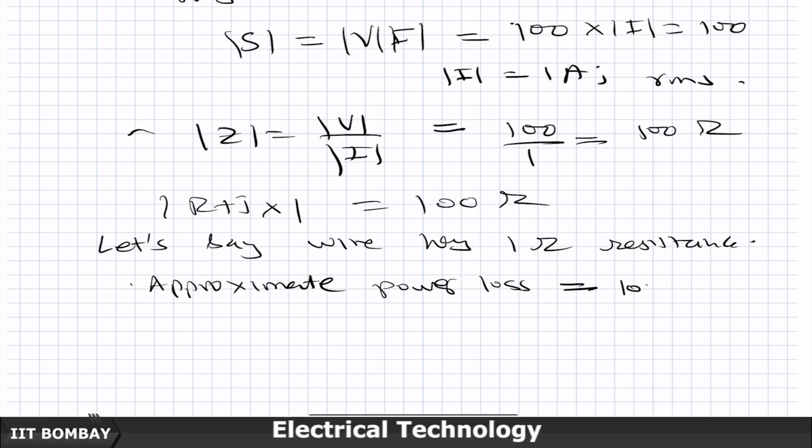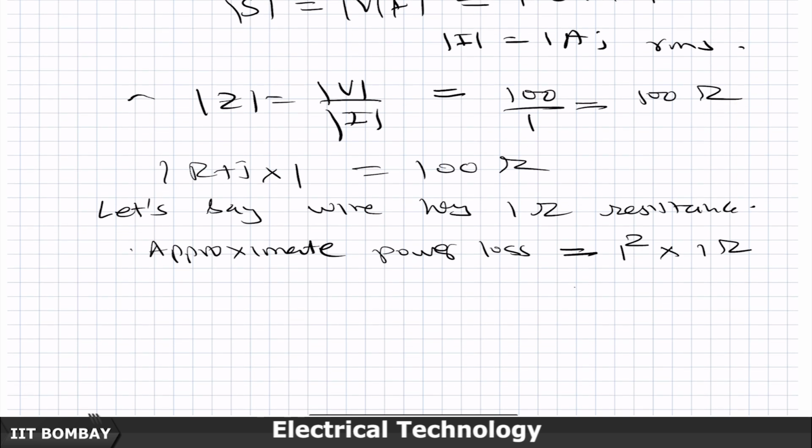So, the current drawn is 1 ampere, so 1 square into 1 ohm. Therefore, 1 watt loss is happening in the wire.